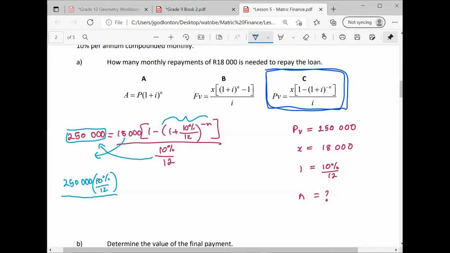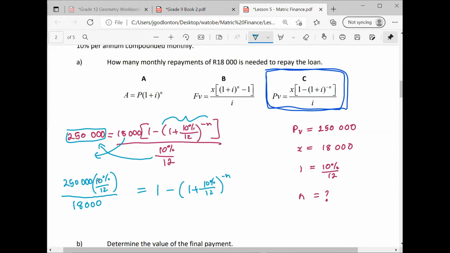Next thing we want to do is divide that by the 18,000. So all over 18,000. But remember, in your calculator, you can also just say divided by 18,000. And now I'm sitting on a fraction of 25 over 216. Okay, and at the moment, that is equal to 1 minus 1 plus 10% over 12 to the power of negative n.